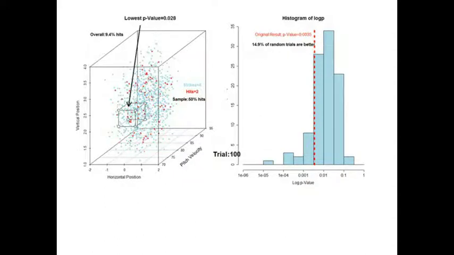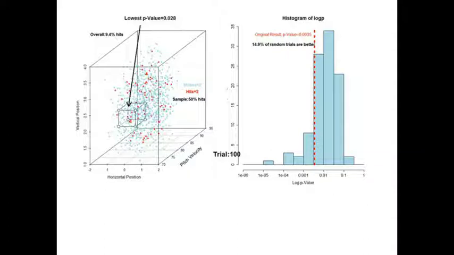And after 100 trials, it turns out that 15% of the random trials are better. 15% of the mass of that histogram is on the left-hand side of that red line, meaning that when there was absolutely no relation between what we defined as a hit and what was actually a hit, we still found much more concentrated areas 15% of the time.